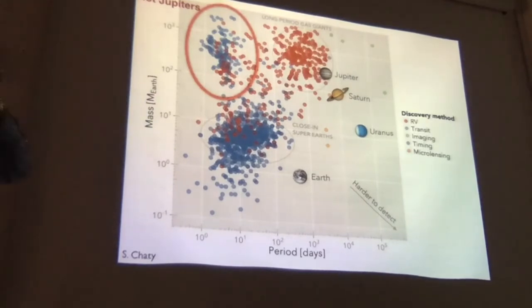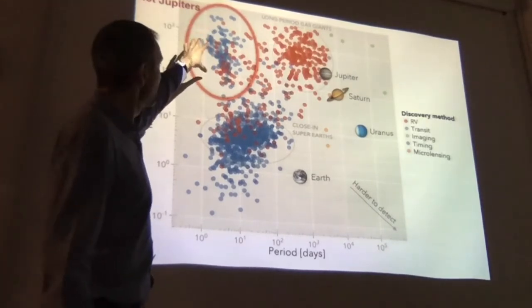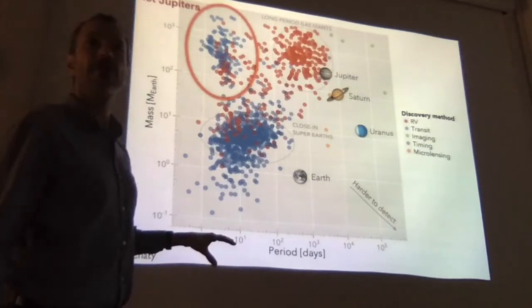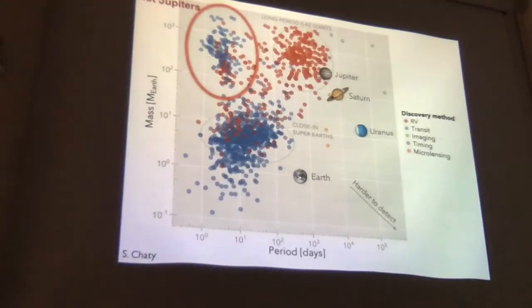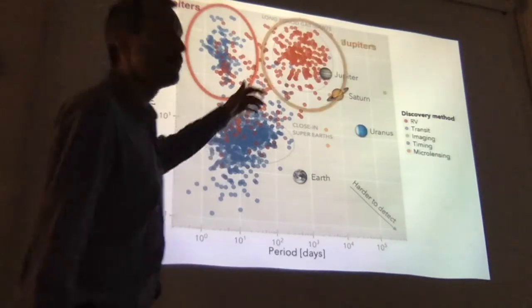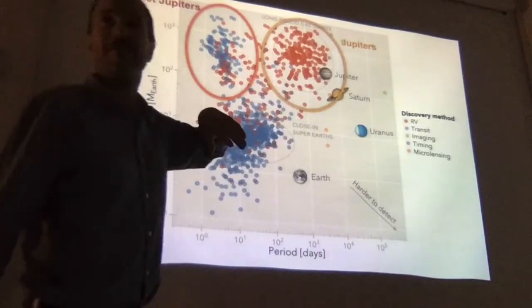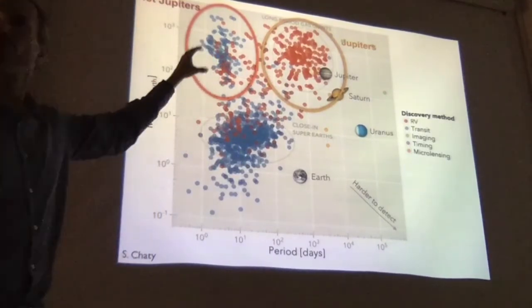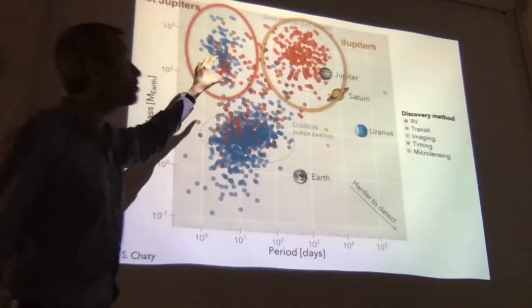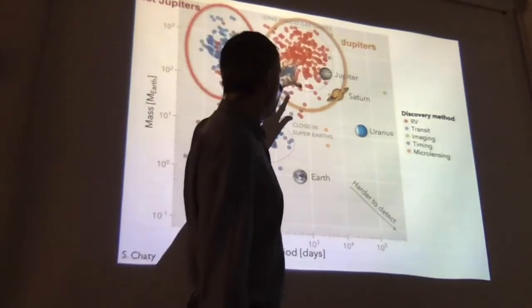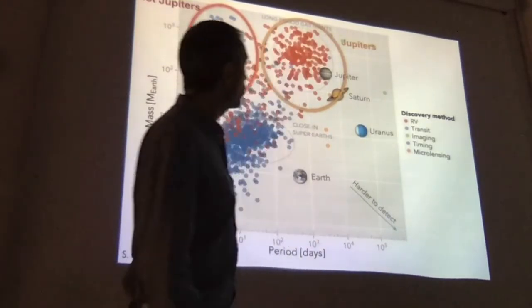Hot Jupiters are massive planets with short orbital periods, because they are Jupiters but close to the star. The second one are Jupiters. You see that most of the planets are Jupiters. Some are hot, but most are Jupiters. So these are massive planets with long orbital periods.